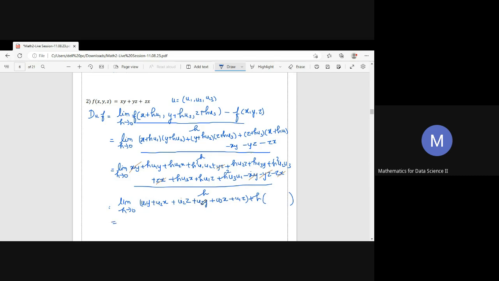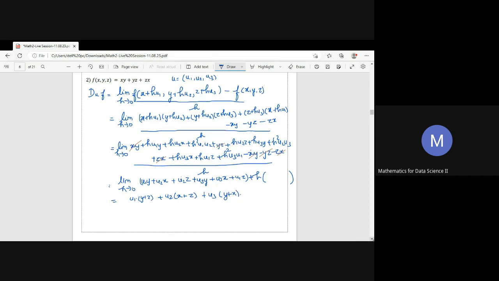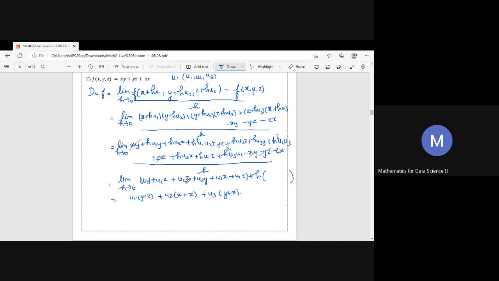So what you are left with is the coefficients: u1 into y plus z, plus u2 into x plus z, plus u3 into y plus x. Okay, so this is the directional derivative of this function in the direction u. Okay, fine. All right.